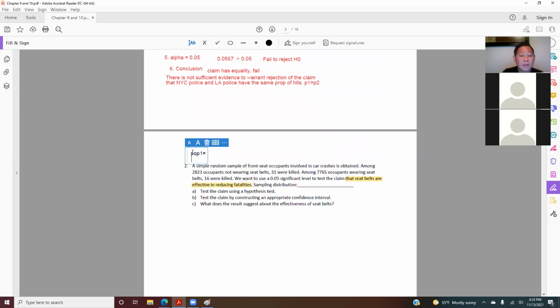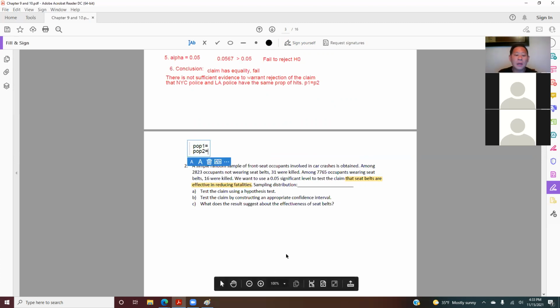This is between those who wear seatbelts and those who do not. Anyone want to tell me which one you need to declare as population 1?